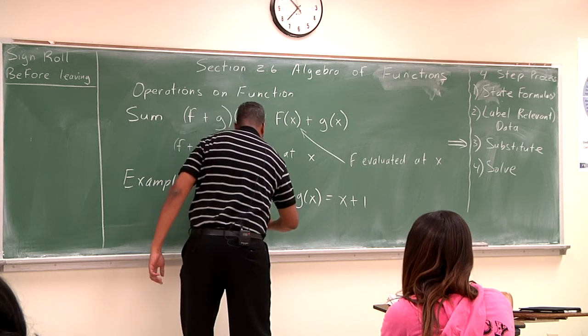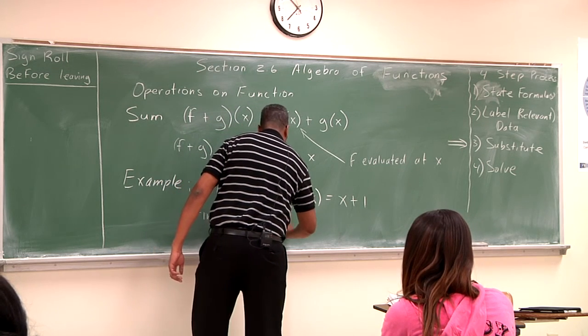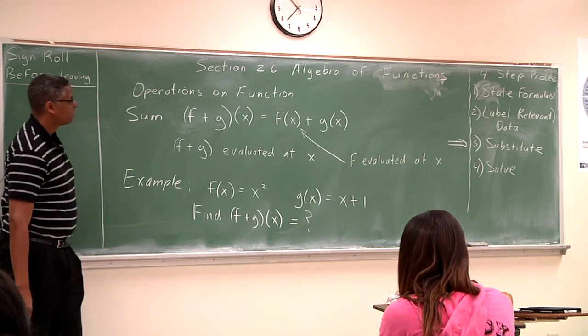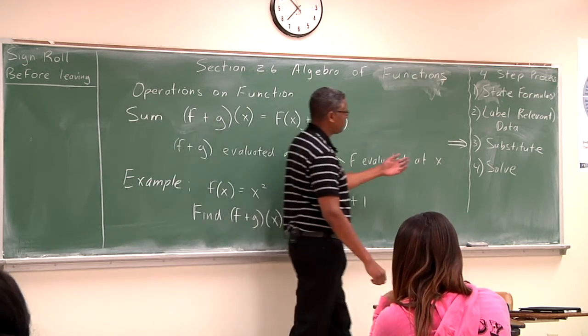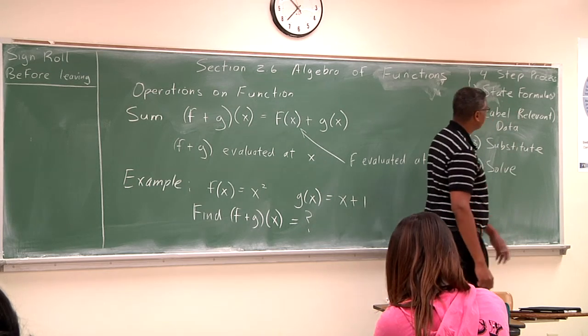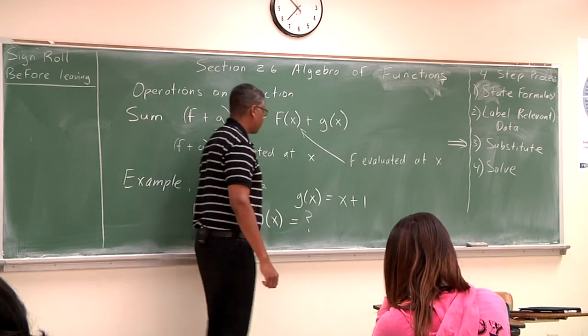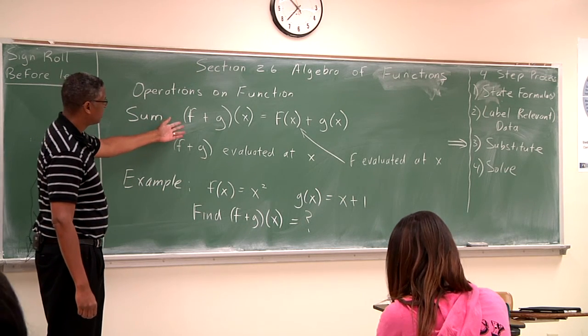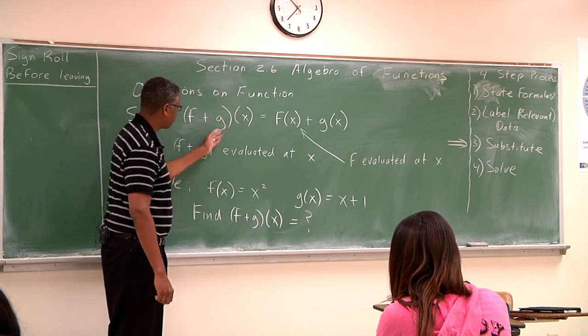Find f plus g evaluated at x. As you can see, throughout the semester we've been doing this four-step process, and the formula that we're using now is the sum formula for functions. This is the formula. We're trying to find f plus g of x.